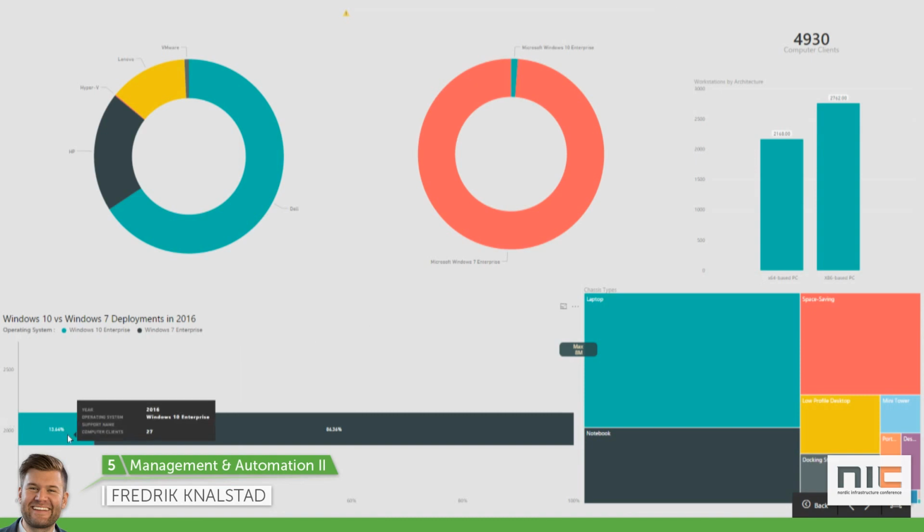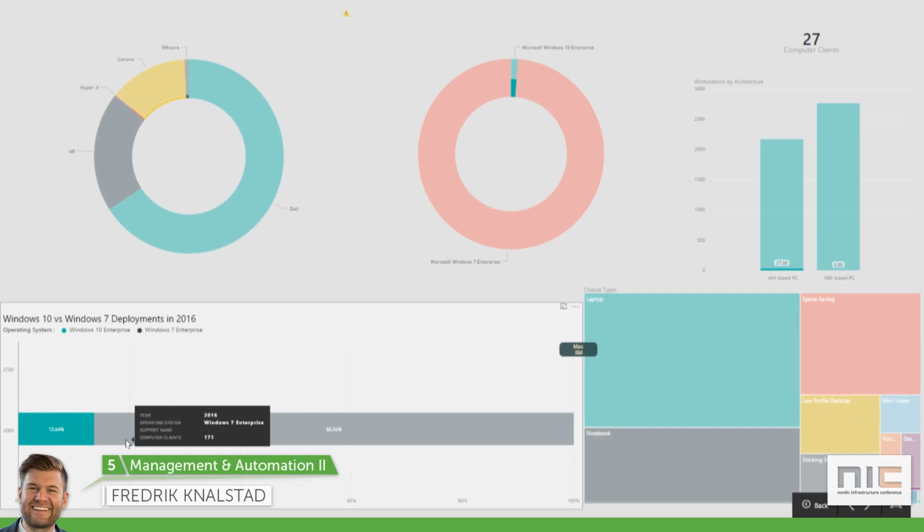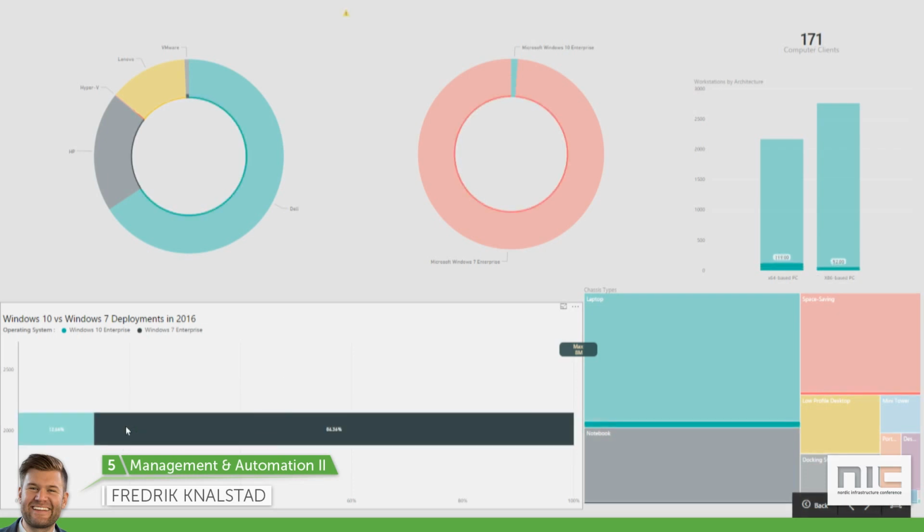So I can drill down to this report and see that 27 of the deployments in 2016 were Windows 10, and the rest were Windows 7. I don't like that. I want to have more Windows 10 versions. Yeah, so for sure. But I need to stop here. Yeah. Where is this data coming from? This is coming from the Configuration Manager environment.